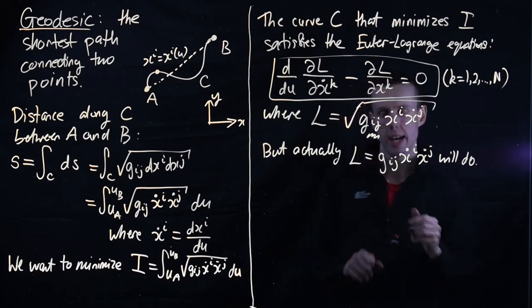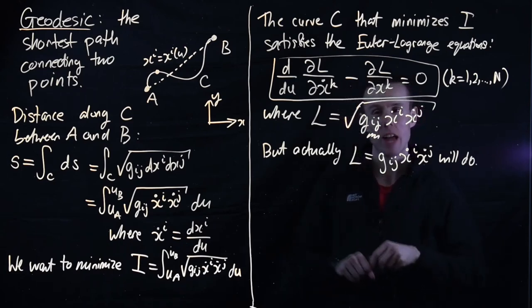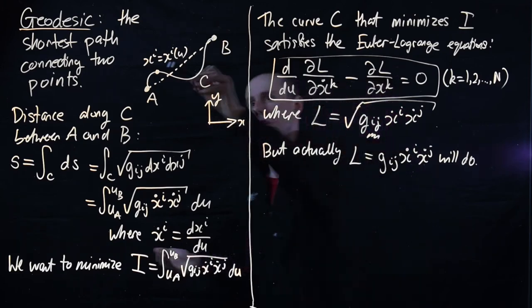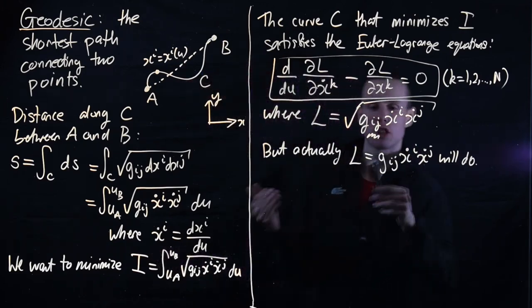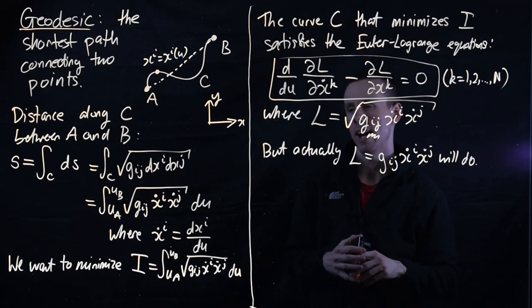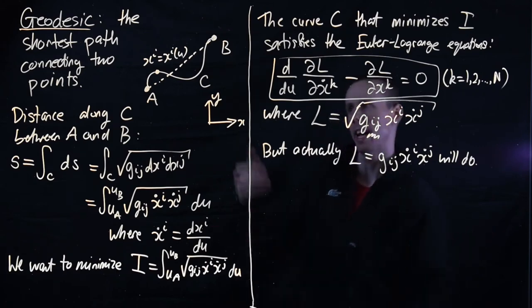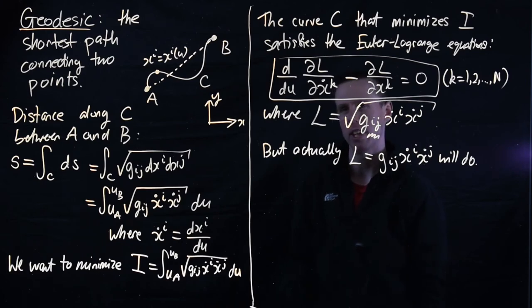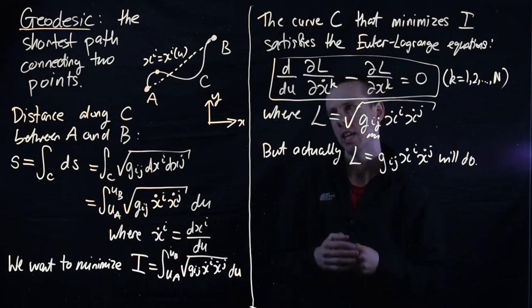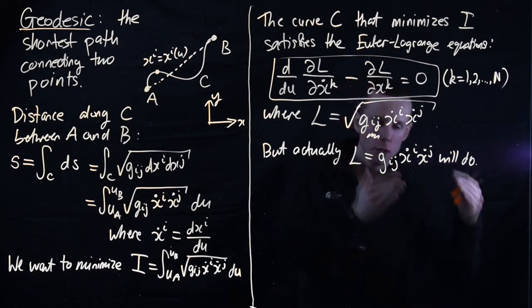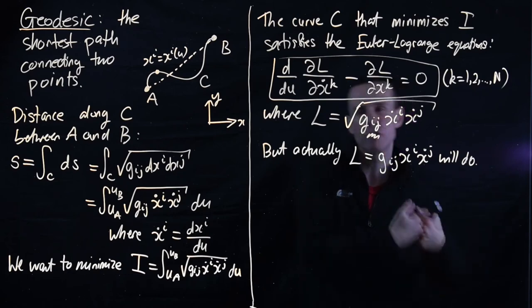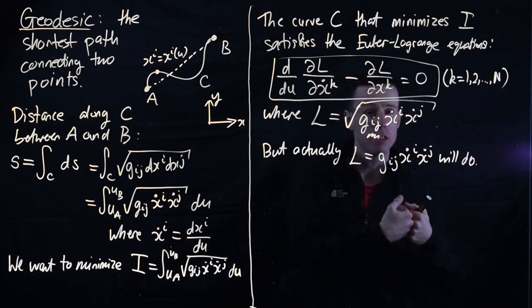So what you're doing really there is, rather than minimizing the length of the path, you're actually minimizing the squared length. And it might seem like that's obvious. If I minimize the length, I minimize the squared length. That seems logical. It's not totally trivial, because something you have to bear in mind is that in what we're going to be looking at when we get into the relativity stuff, lengths can be negative.